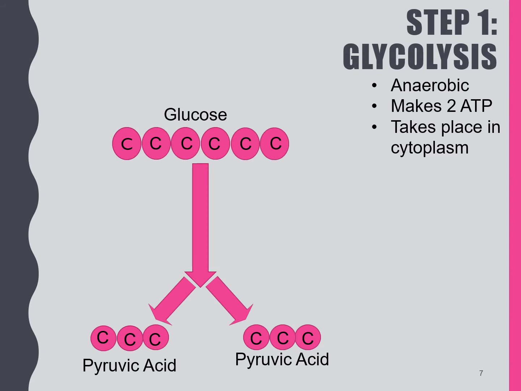Okay, so let's set the scene for this cellular respiration that we're going to talk about. In the liver, glucose is stored as glycogen. It's also stored in the muscles as glycogen. Glycogen can also be stored in the fat, but for the purpose of this, we're just going to say the liver. Okay, so glycogen is being stored in the liver, and the cells are needing glucose to make energy.